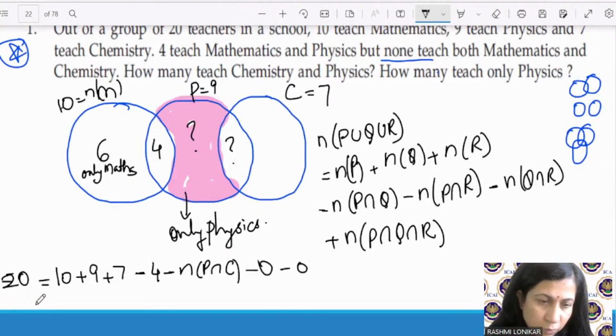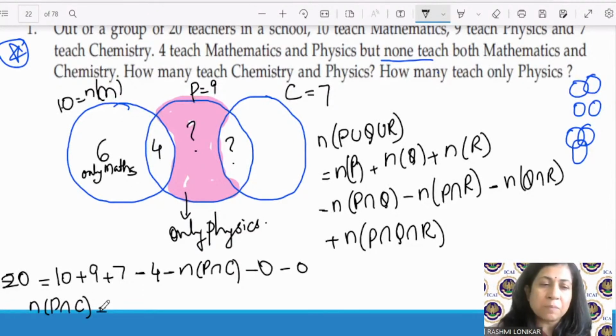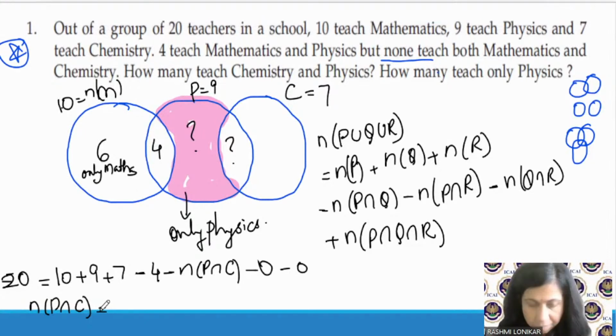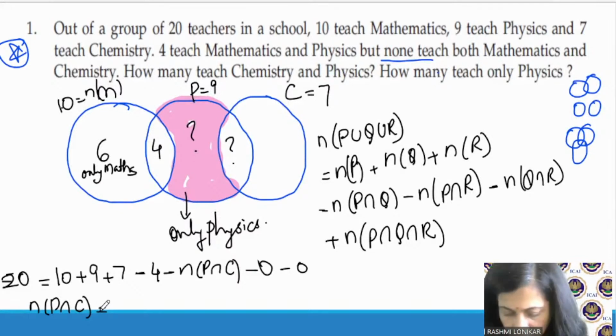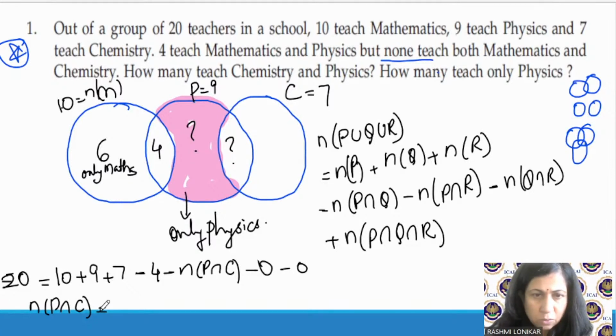So what I do, N of P intersection C is equal to, how much will this be? 10 plus 9 plus 7 is 26, minus 4 is 22, minus 20.